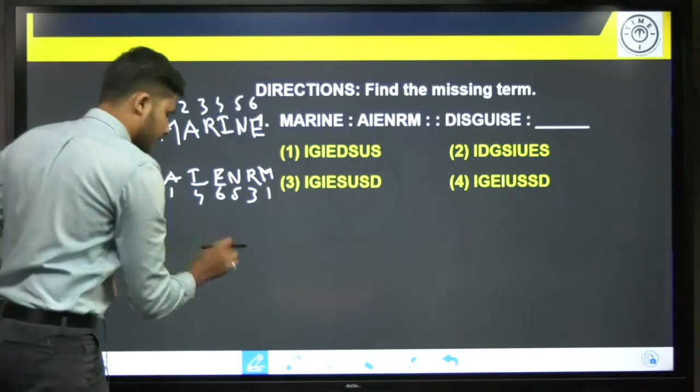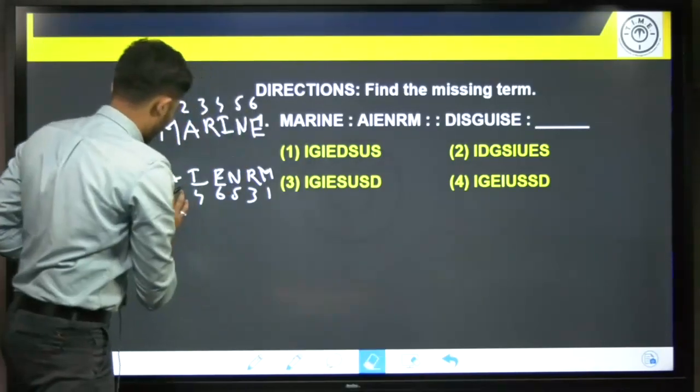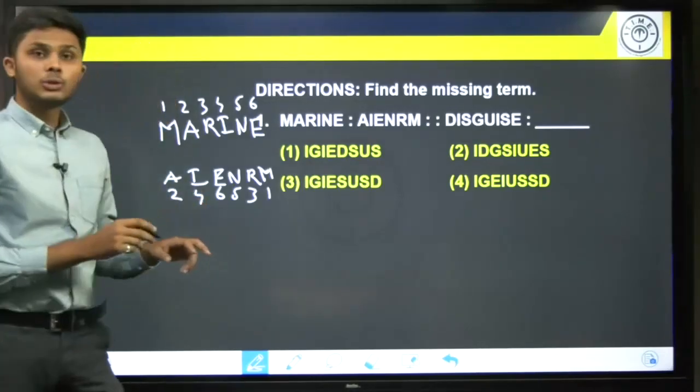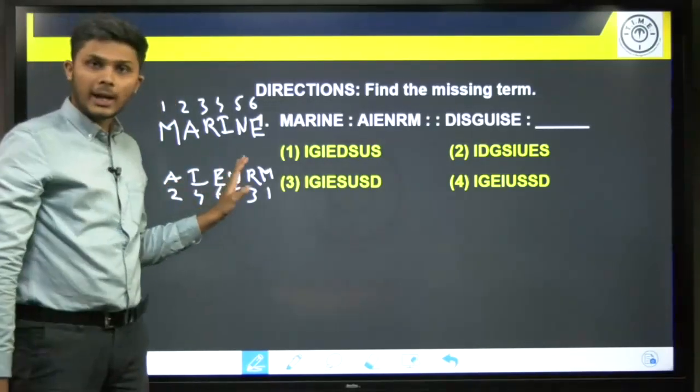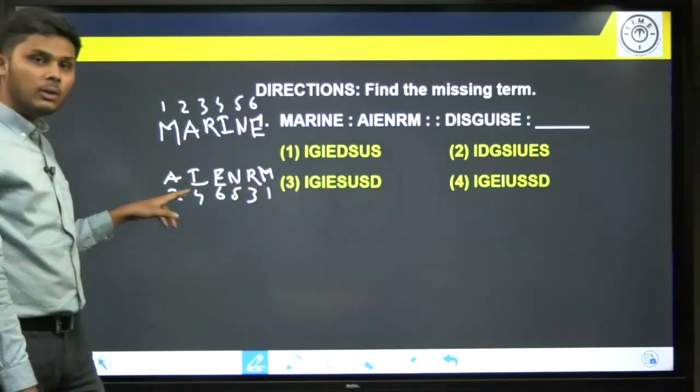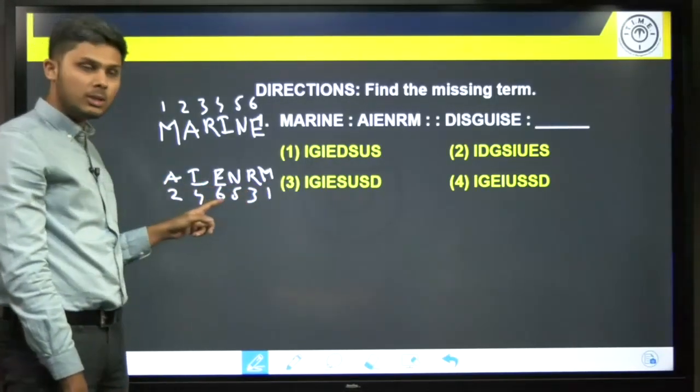A is 2. Here we can see all the odd terms are written to the right end starting from 1, then 3 and 5th. Again at the left end it is starting with the even numbers.